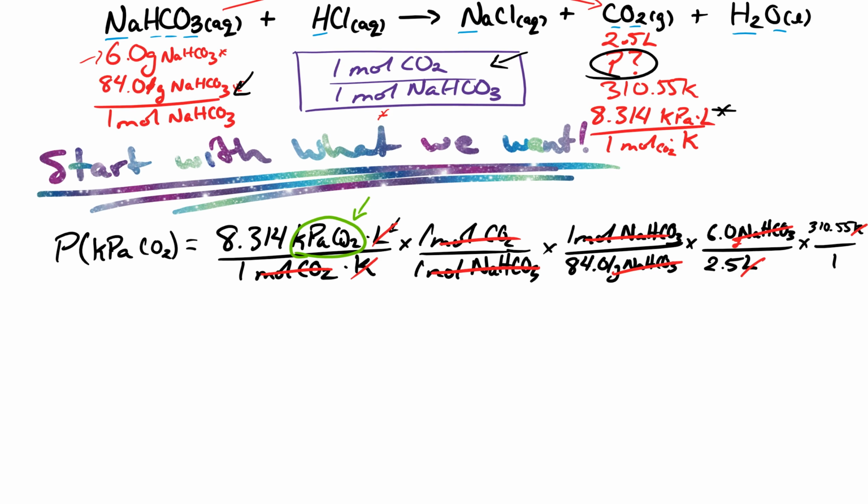So if I want to put this into my calculator, no problems at all. I'll go 8.314 times 1 times 1 times 6 times 310.55 divided by bracket 1 times 84.01 times 2.5 times 1 end bracket.